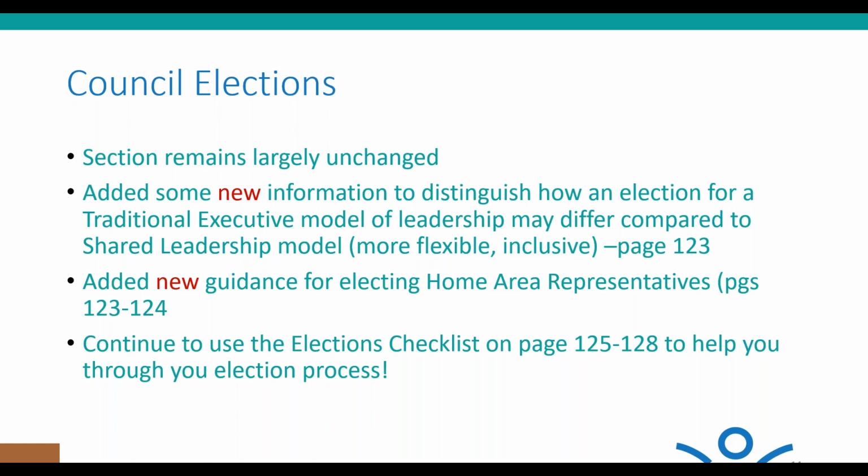And OARC recommends that councils select at least 2 home area representatives from each area of your home. This way, if one person is unable to attend the general council meeting, then there's still another person who can share an update or report on their respective floor or home area.